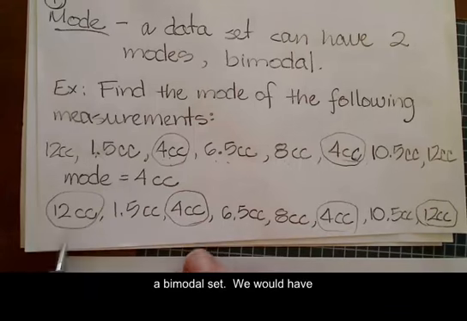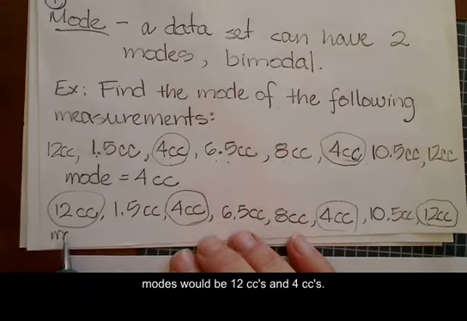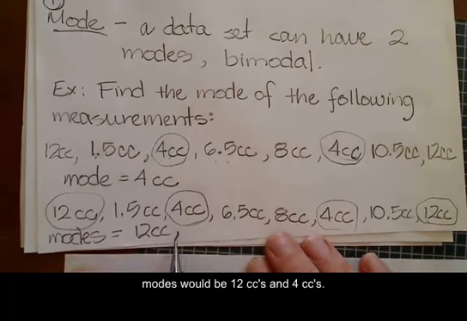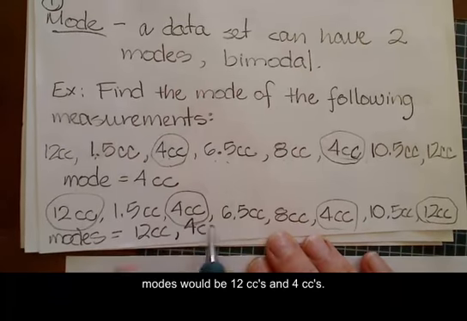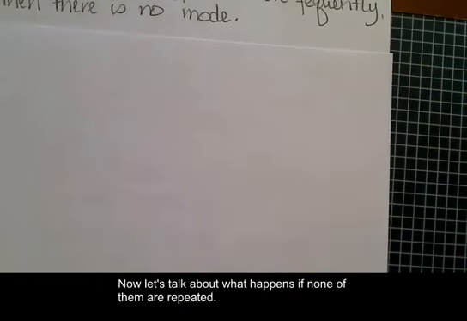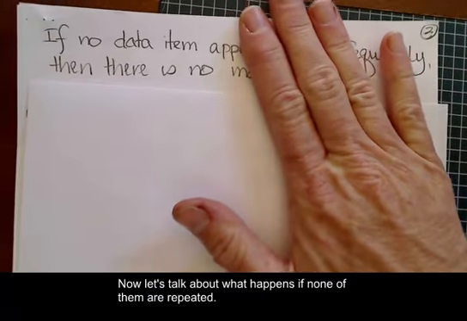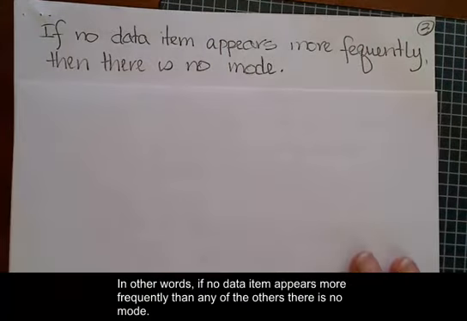The modes would be 12 cc's and 4 cc's. Now let's talk about what happens if none of them are repeated. In other words, if no data item appears more frequently than any of the others, there is no mode.